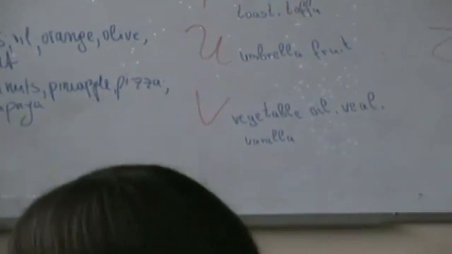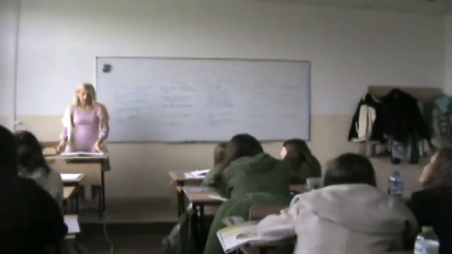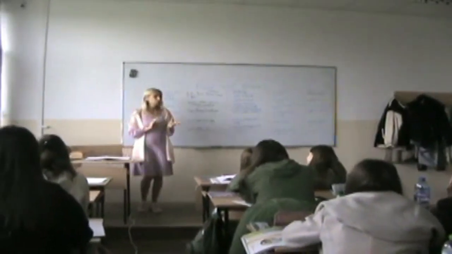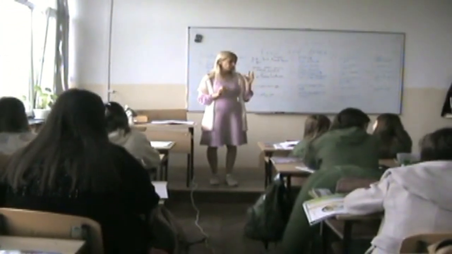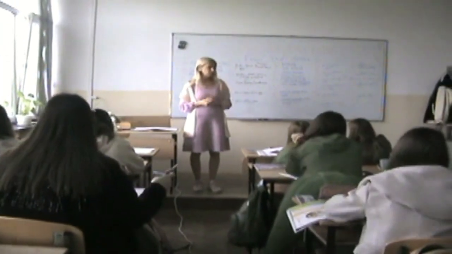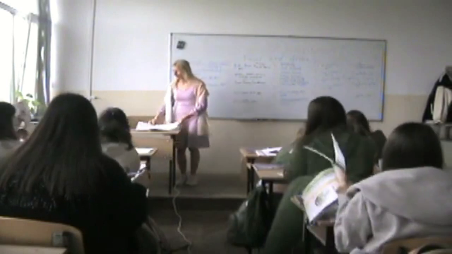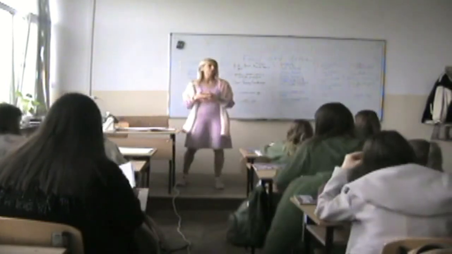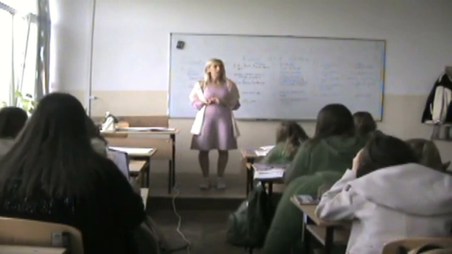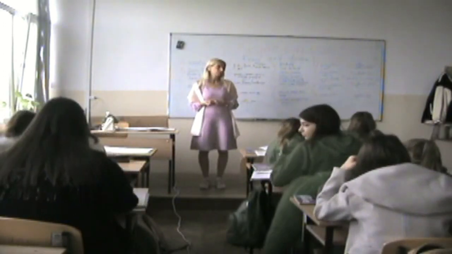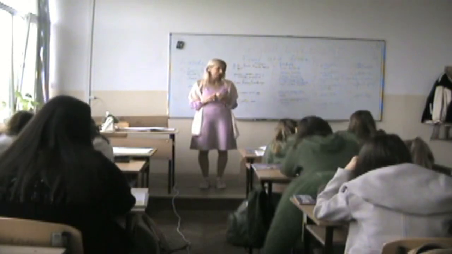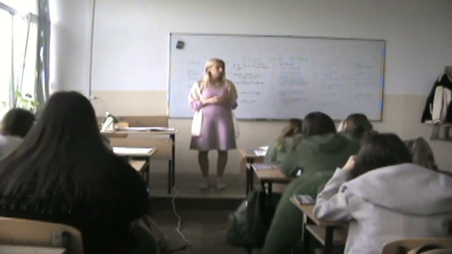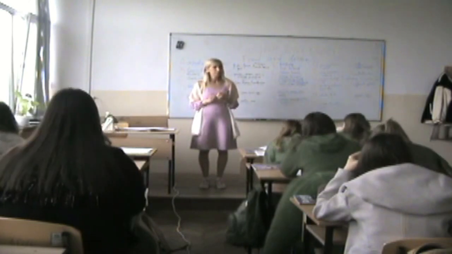But now I would like you to discuss not only the words meaning food and drink, but to have a look at the text in your students' books and discuss the meaning of carbohydrates, proteins, vitamins, the most important ingredients in our food. Which are they? To give examples.